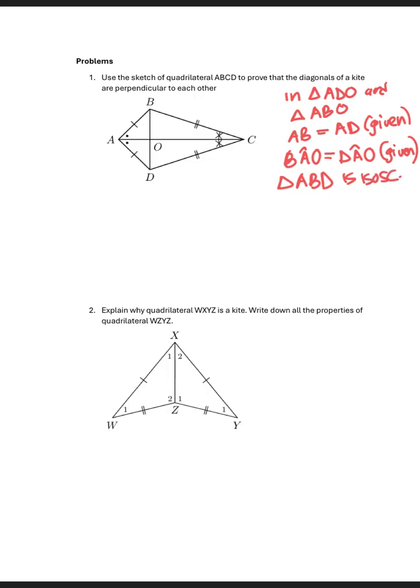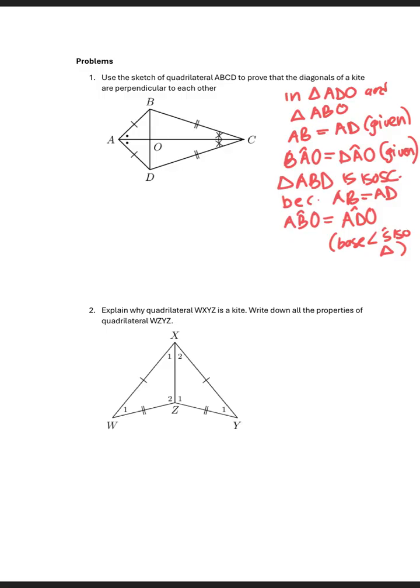Why is it isosceles? Because AB is equal to AD. Therefore, angle ABO is equal to angle ADO. Reason: base angles of isosceles triangle.